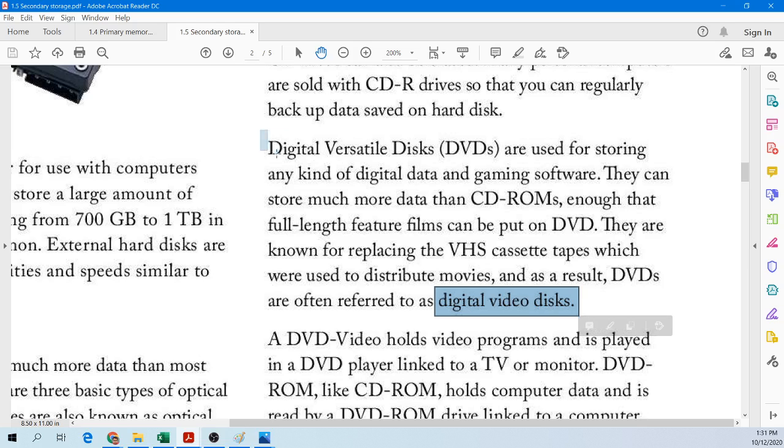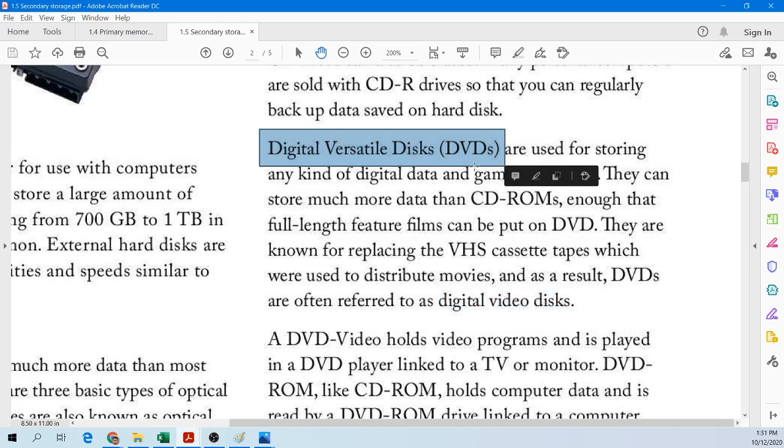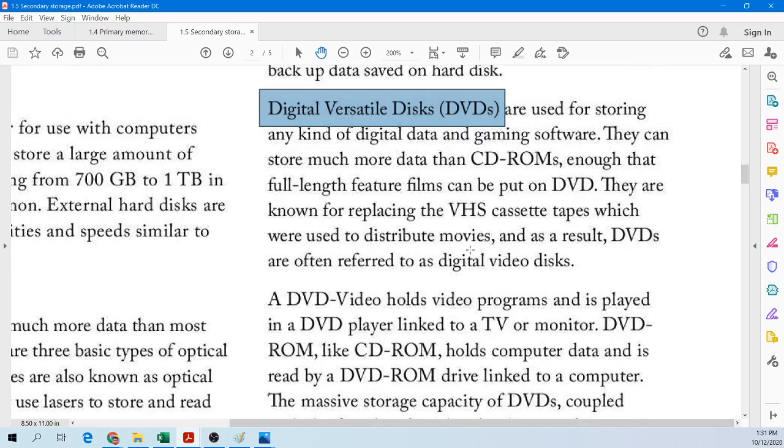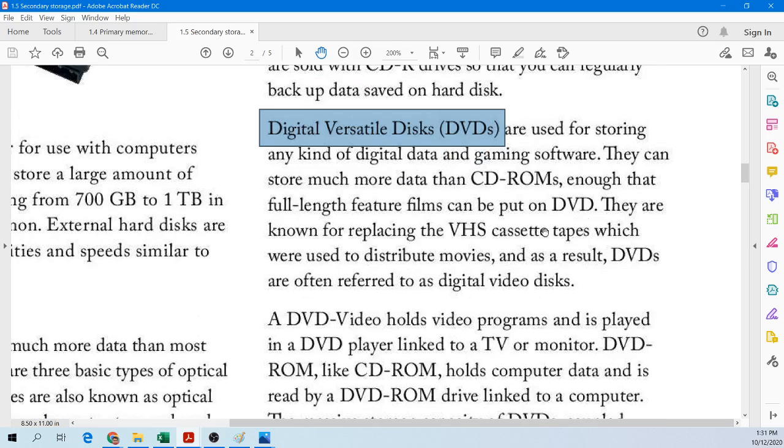But let's try to use digital versatile disc as the original name, and it is used for digital data and gaming software. Now a DVD can store more data than a CD, because the DVD can store a full length movie basically.